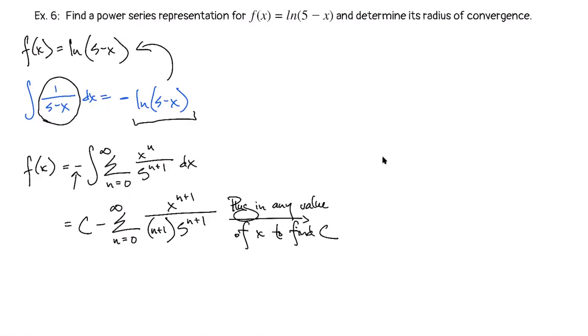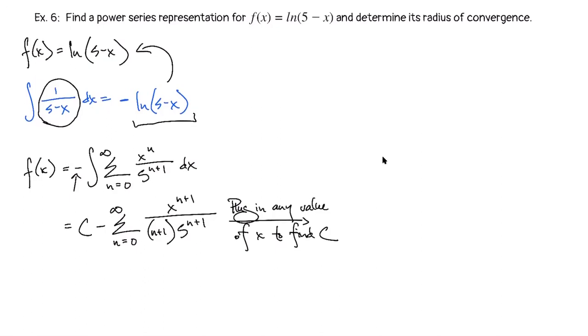So what does that give me? I need both sides of my equal sign now. So I have natural log of 5 minus x equals c minus this summation of x to the n plus 1 over n plus 1 times 5 to the n plus 1. So I'm going to plug in 0 for x. That's going to give me natural log of 5 on the left-hand side.